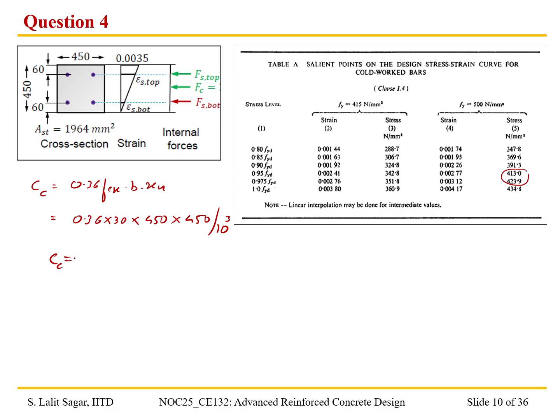I'm getting a value of Cc as 2187 kilonewton.